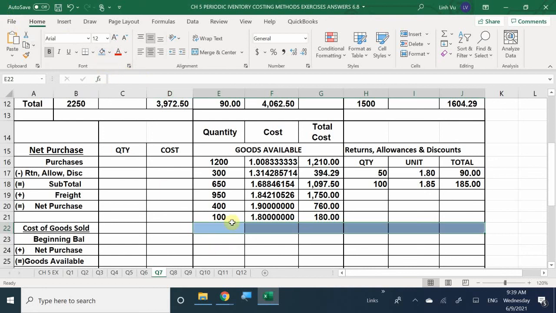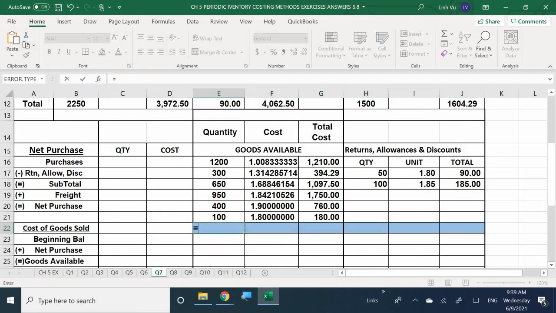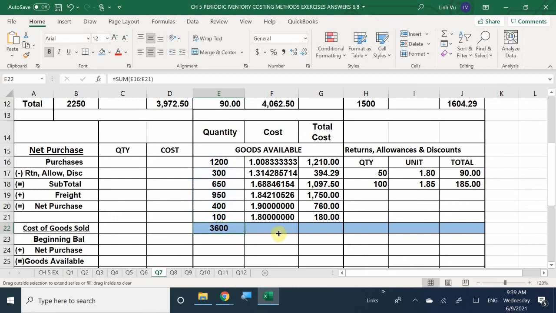So what was my grand total for my goods available, including beginning inventory? 3,600, right? Which cost me a grand total of $5,391.79.